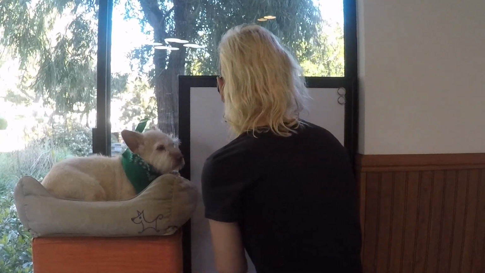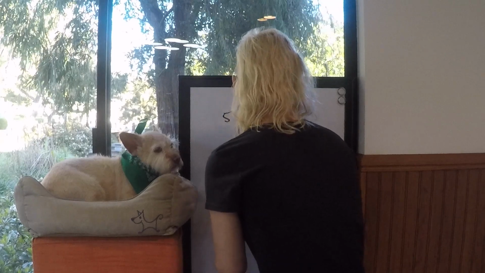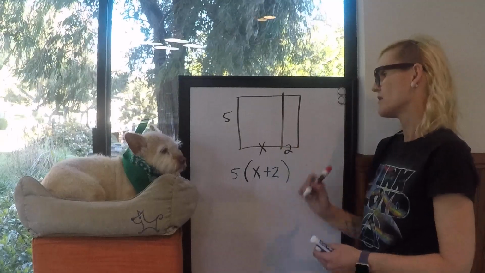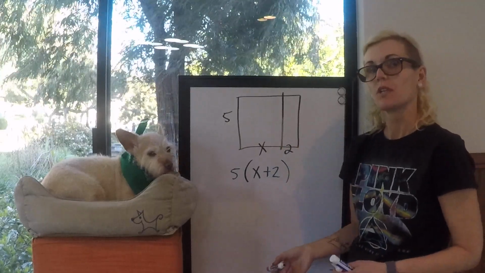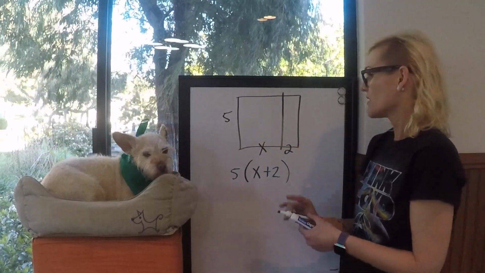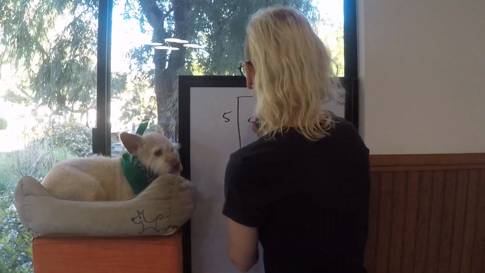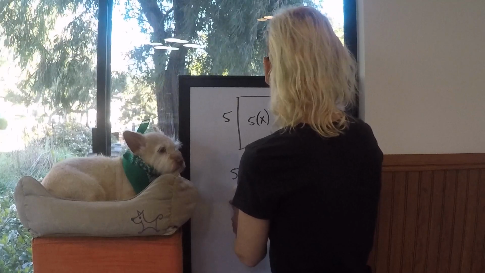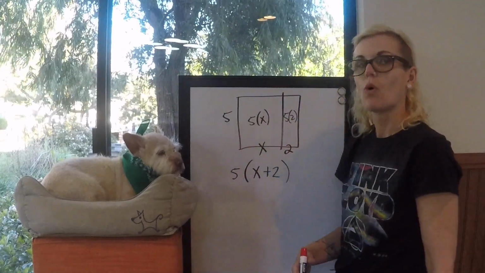If I want to find the area of it, I'm still going to multiply width times length. Using the same concept, this area right here, 5 times x, plus this area right here, should give me the area of the whole thing.